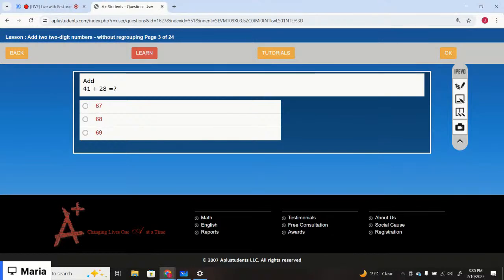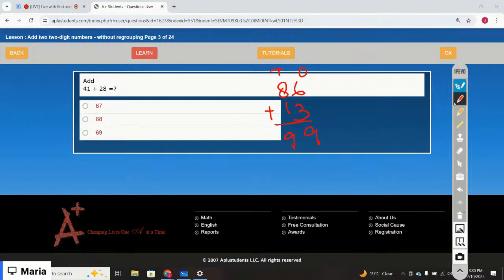41 plus 28. 8 plus 1 is 9. So you have to add the digits that are at the tens position.